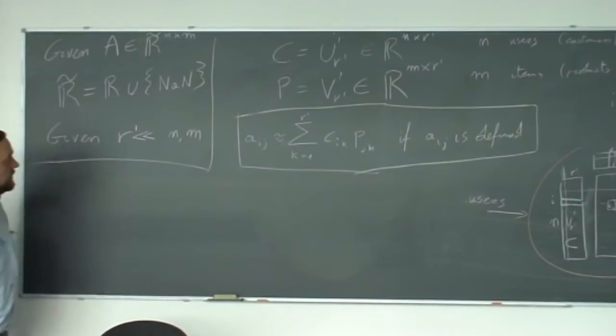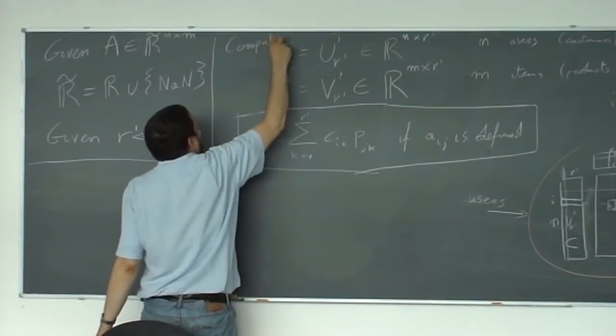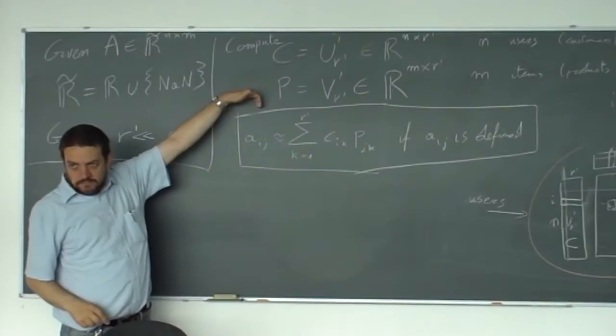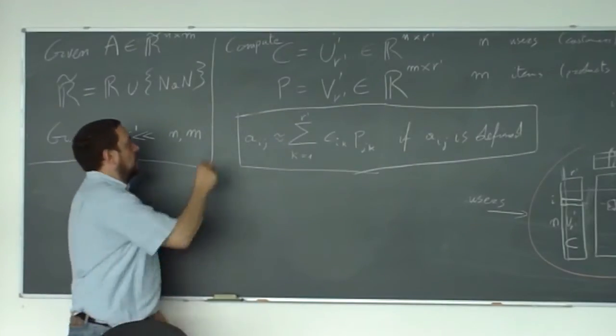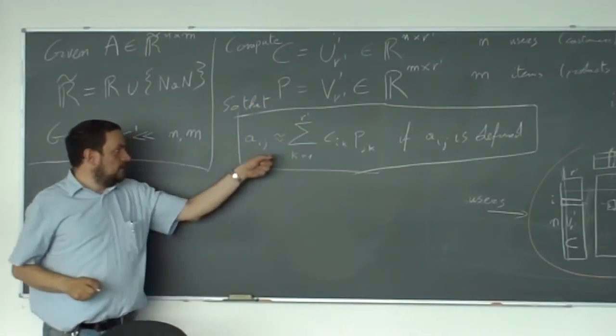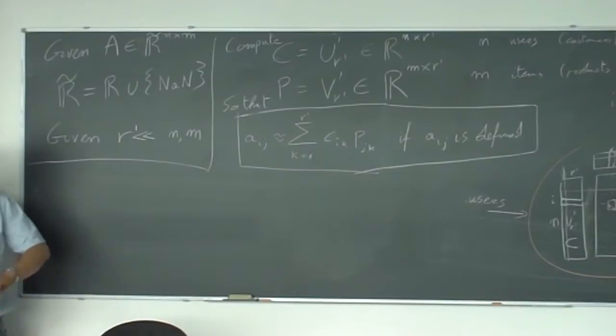Given the matrix, given R prime, compute these matrices C and P so that this approximation holds. Okay, this is our problem for today.